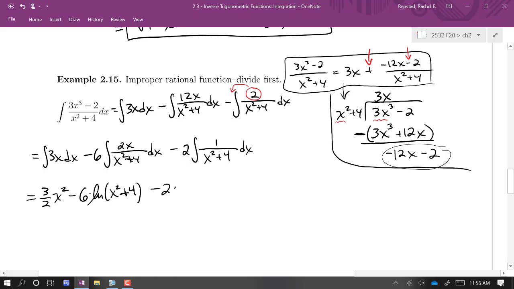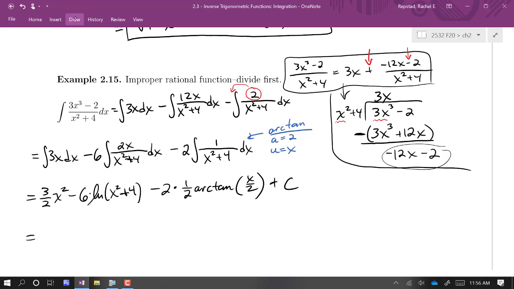And then minus 2 times the arctan form, where a is equal to 2 and u is equal to x. So that would be 1 over 2 arctan of x over 2 plus a constant. And now I'm just cleaning it up ever so slightly. I'm going to cancel these 2's here. That's basically all there is to do.